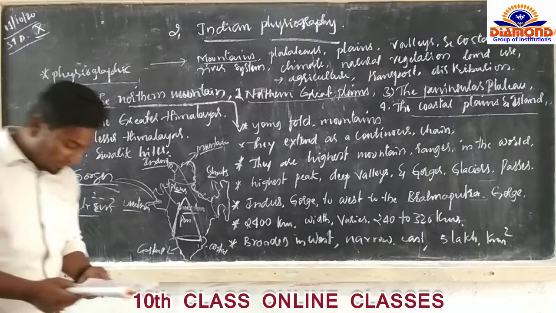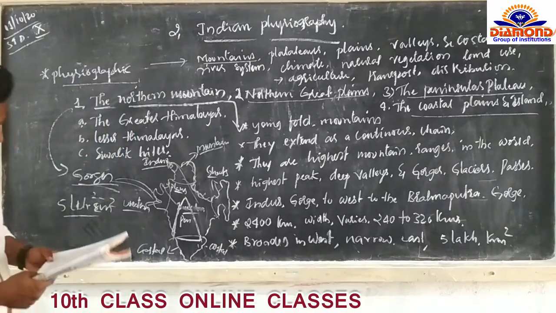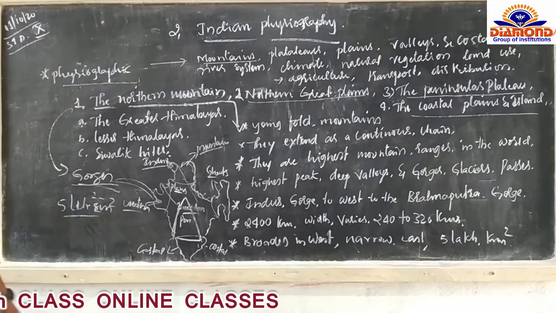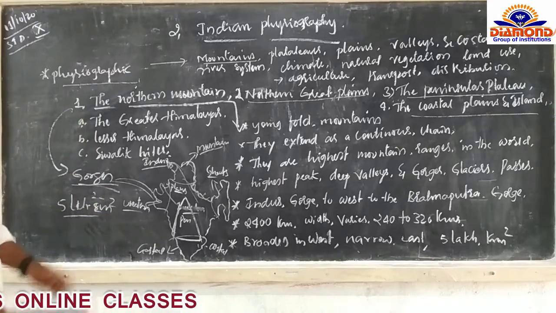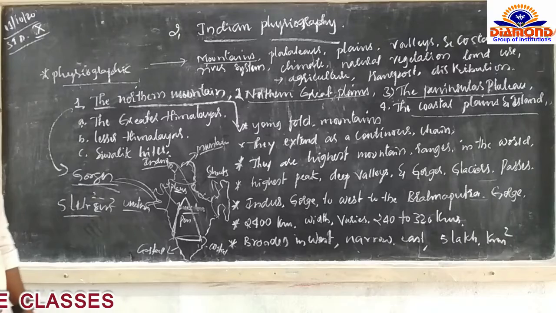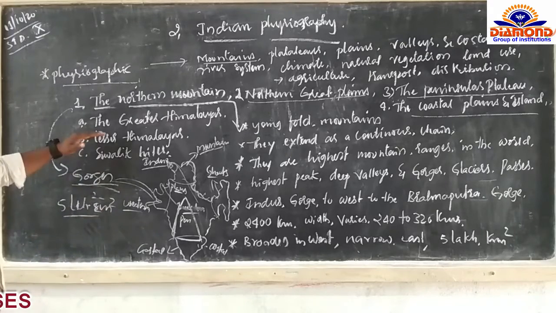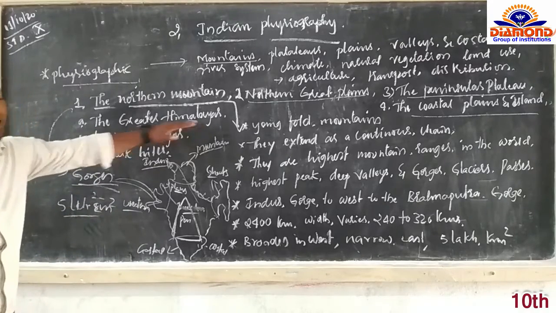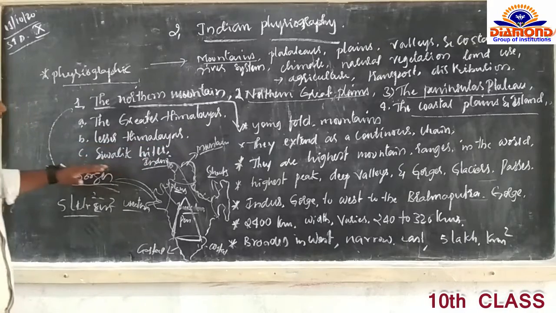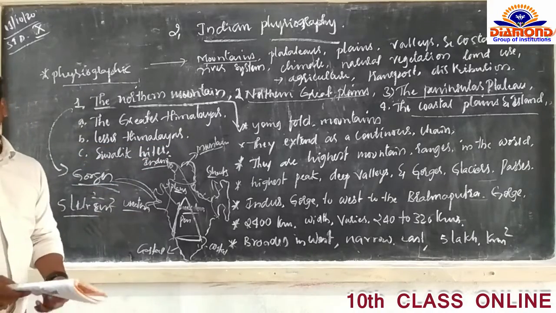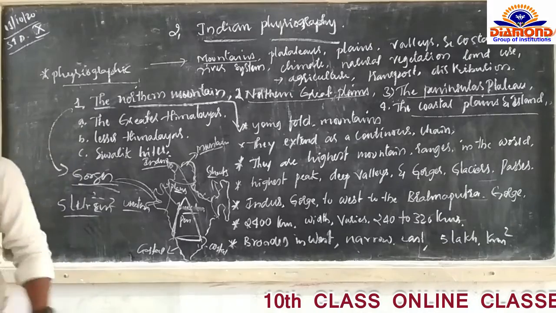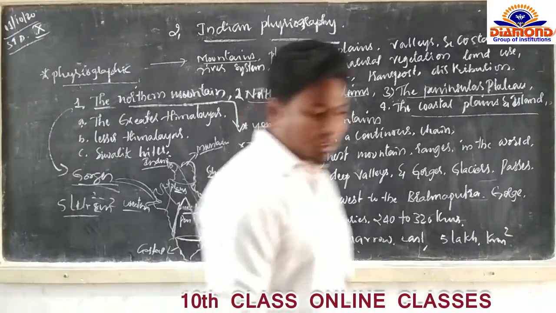To get the complete study and details, the Himalaya consists of 3 parallel ranges: the Greater Himalaya, the Lesser Himalaya, and the Shivalik Hills. We are going to understand each one.